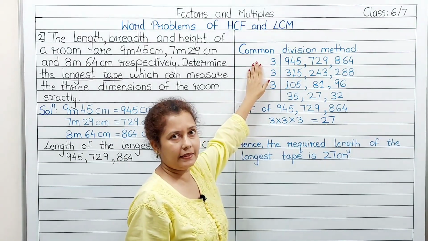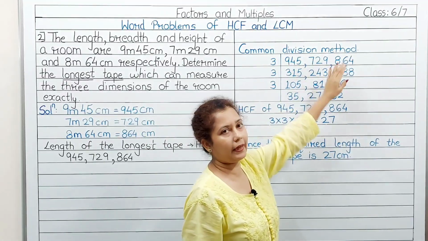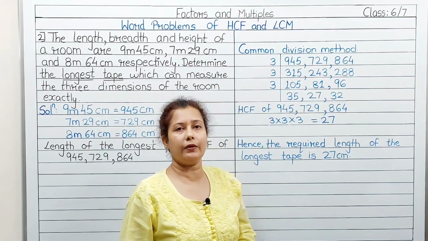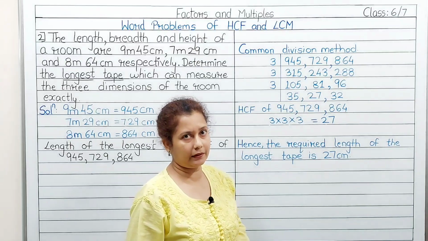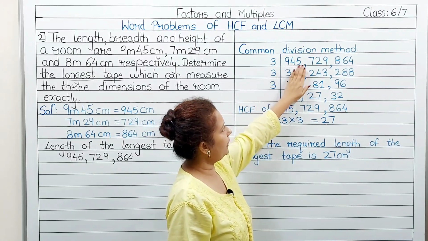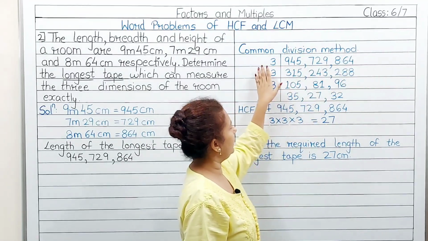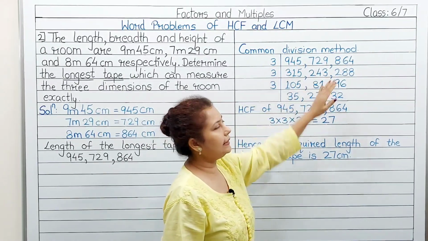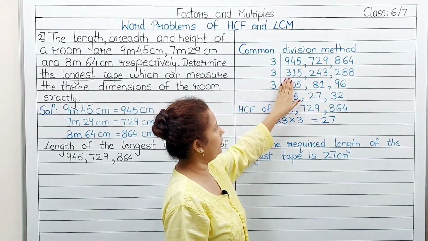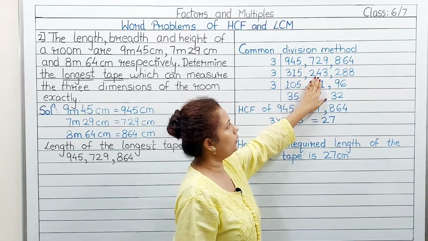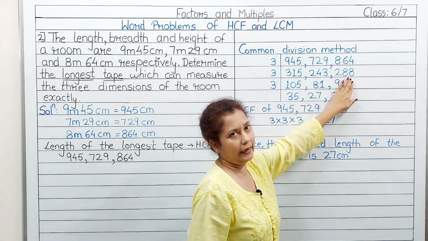Here I will find HCF by the common division method. Again remember, you can find HCF by any method. So 945, 729 and 864 are divisible by 3. So we will divide these numbers by 3 and we get 315, 243 and 288.